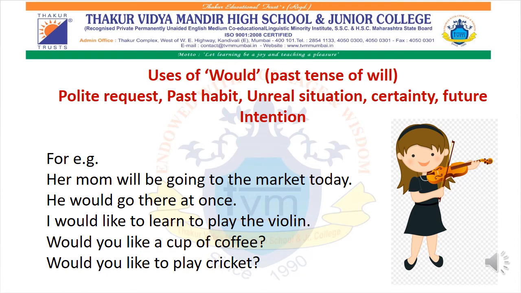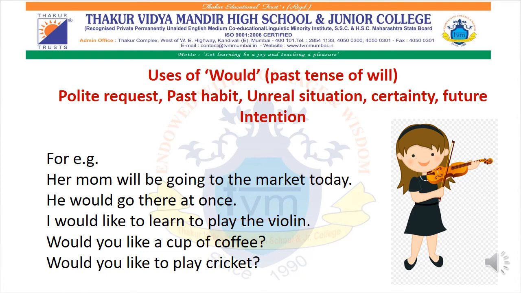Okay. Now we shall move ahead to our next example. I would like to learn to play the violin. So now in this particular sentence we see, we'll repeat the sentence once again.